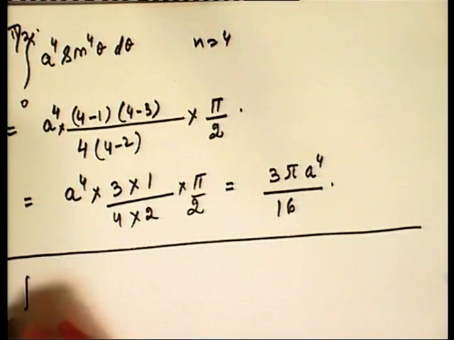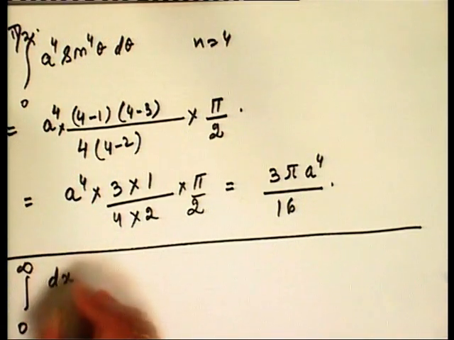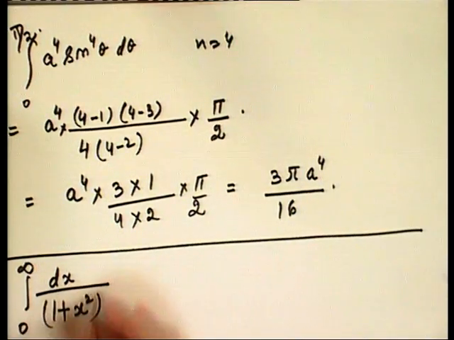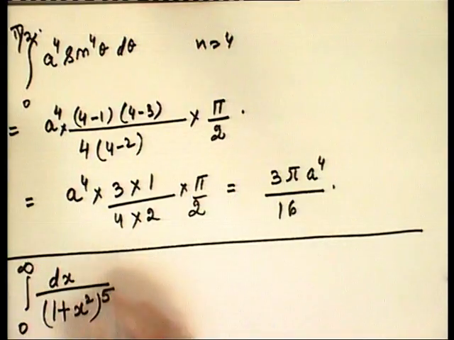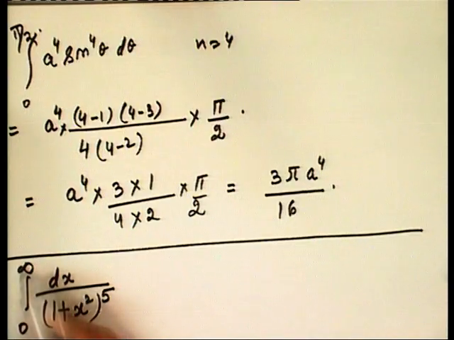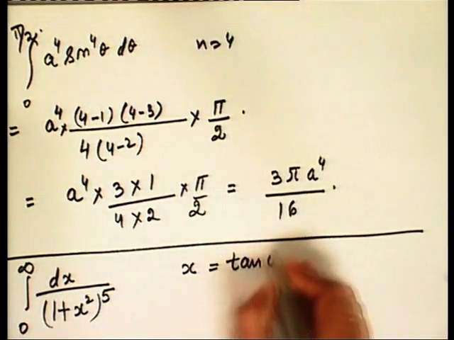Now another question: the integral with limits 0 to pi by 2 of dx upon x square and (1 plus x square) whole raised to power 5. Similarly here, first of all we have to make the limit 0 to pi by 2, using a sine or cosine formula. We will put x equal to tan theta.